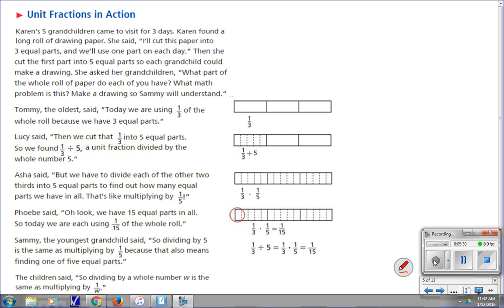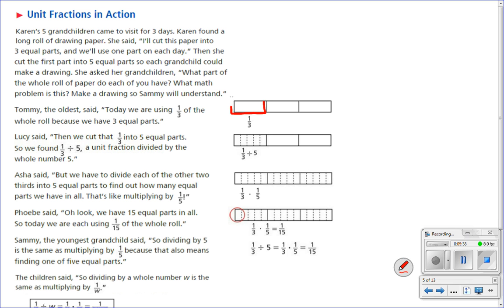So here is the whole. Tommy, the oldest, said, today we're using 1/3 of the roll because we have 3 equal parts. So they're going to be at her house for 3 days. So the first division problem they did was 1 divided by 3, which gives them what? 1/3 for each day, right?